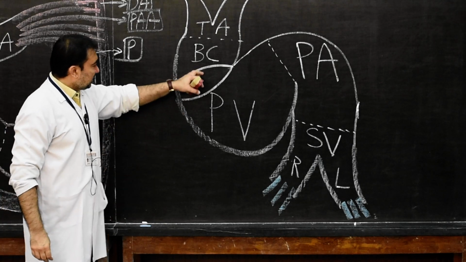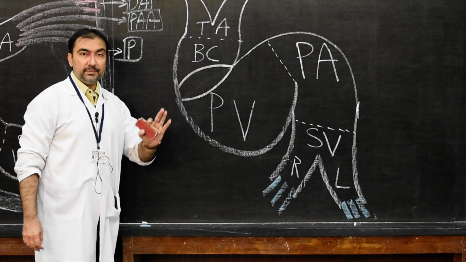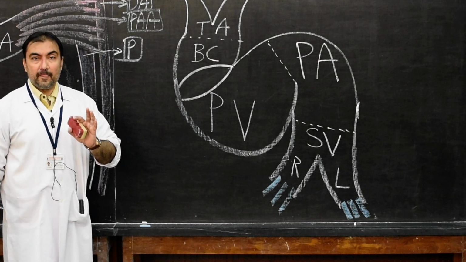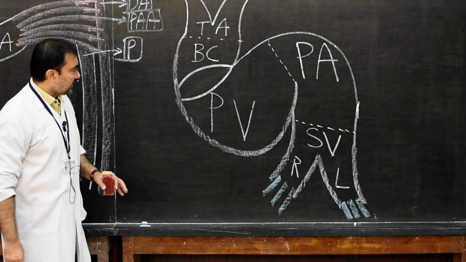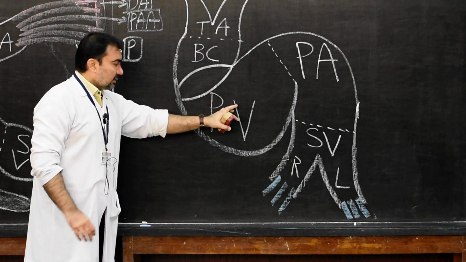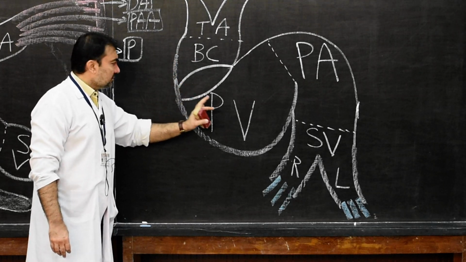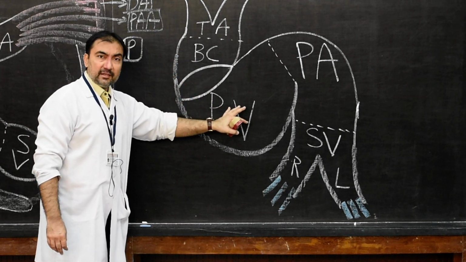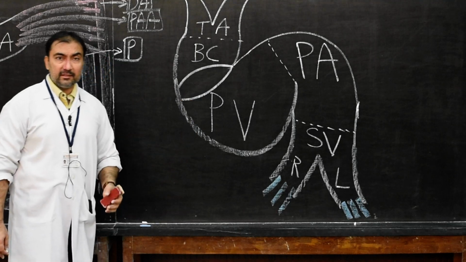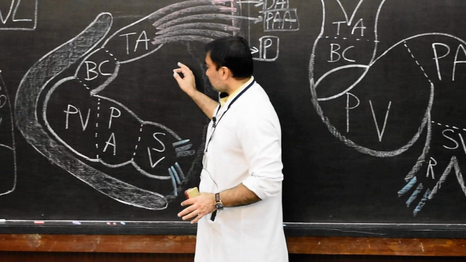So there will be development of the bulboventricular canal in between bulbus cordis and primitive ventricle. So therefore, now the cephalic limb is towards the right side of the pericardial cavity, and the caudal limb by the primitive ventricle is on the left side of the pericardial cavity, and we have drawn the sagittal section.